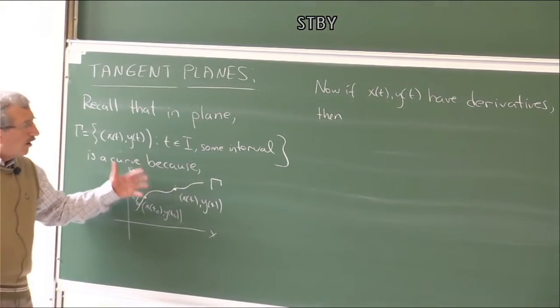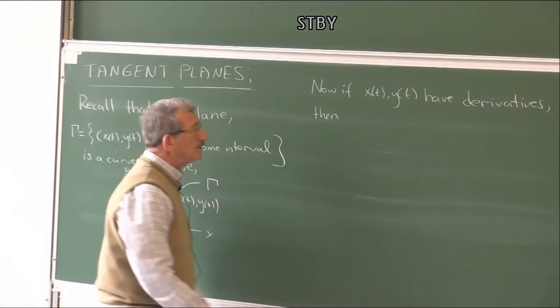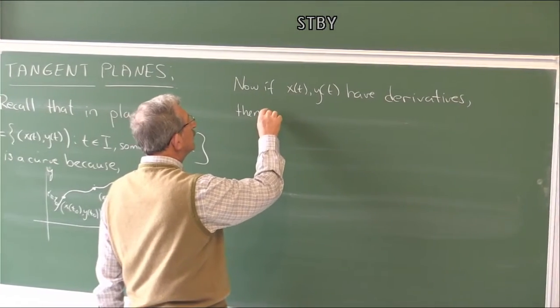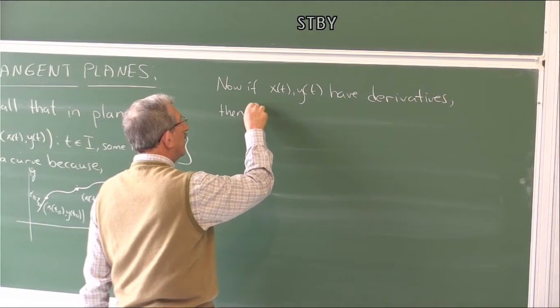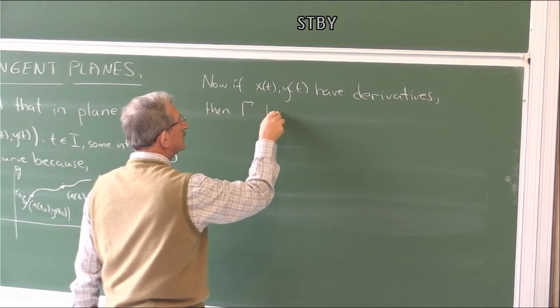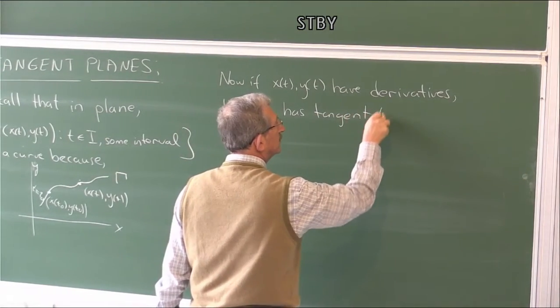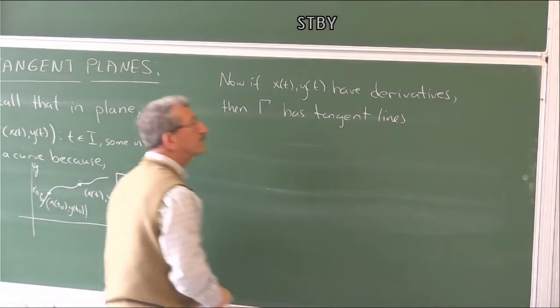Obviously, this is easy to see. Then the curve gamma has tangent lines drawn to it.